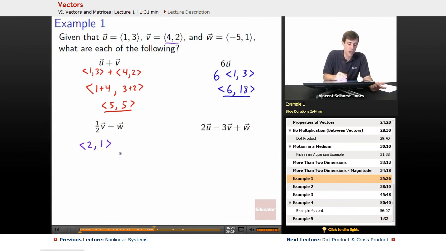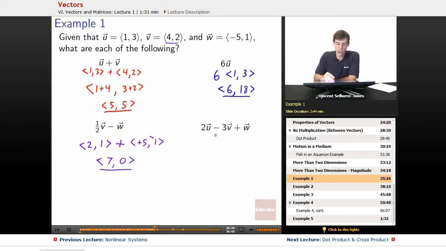So we've got 2, 1 for 1/2 v, and then minus our w, which was negative 5, 1. We can distribute this negative here, so this becomes positive, this will become negative, right? We distribute that negative into there. And so 2 plus 5 is 7, 1 minus 1 is 0. There we go.